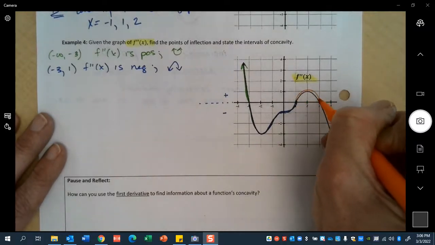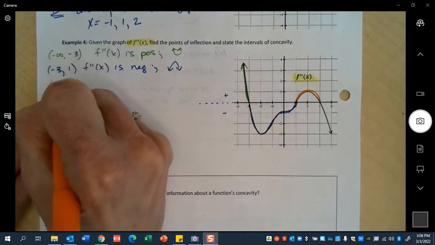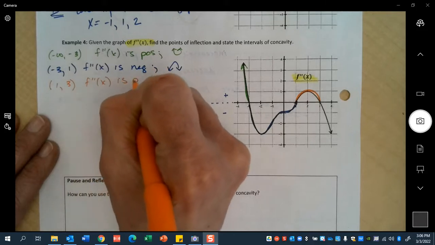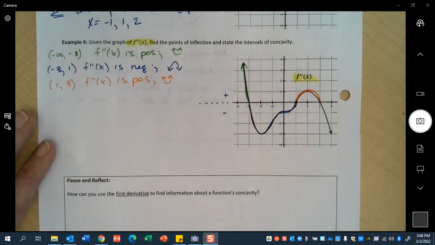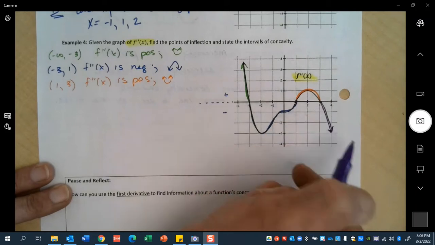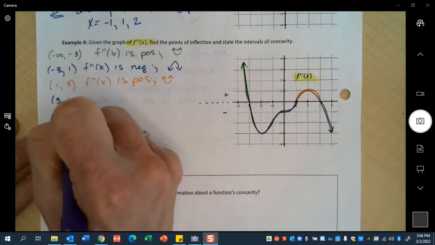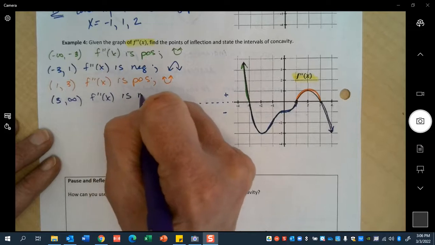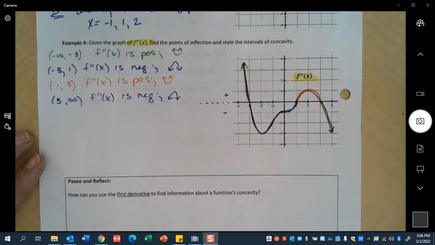From +1 to 3, my second derivative value is positive. Therefore, I'm concave up. And then finally, from an x value of 3 to positive infinity, my second derivative value is negative, therefore I'm concave down.